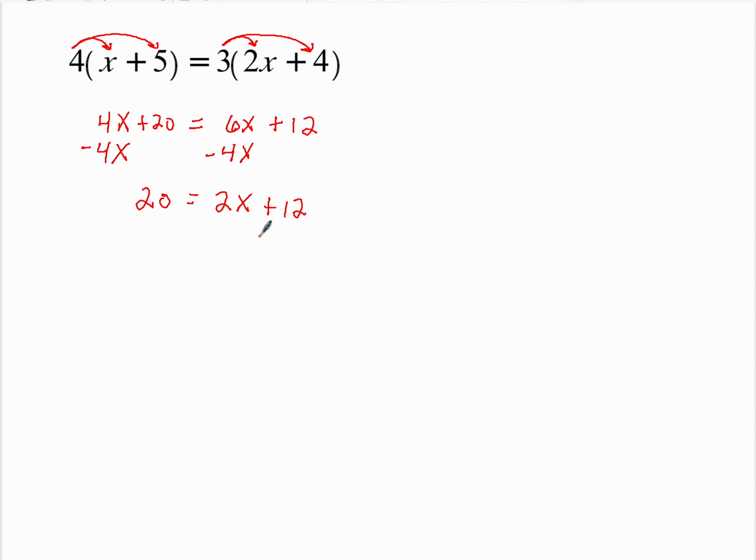It's where I want it, so I'm going to work with the plus 12 here. I'll subtract 12 from both sides. 20 minus 12 is 8. 8 equals 2x. And then my last step will be divide by 2, divide by 2. So 8 divided by 2 is 4. 4 equals x.